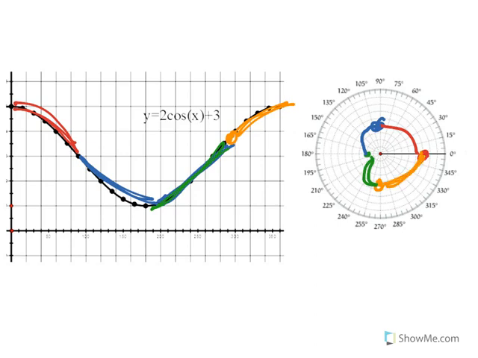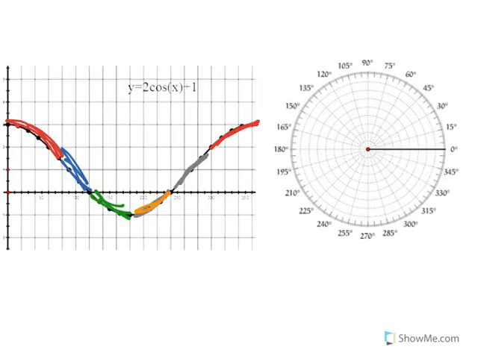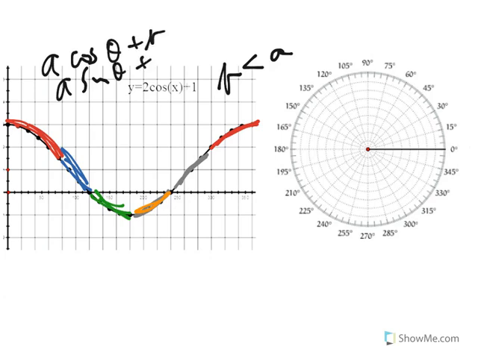So it ends up being a rotated version of that one, and so here's a cosine one where b is less than a. Again, these are all in the form a cosine or a sine theta plus b.